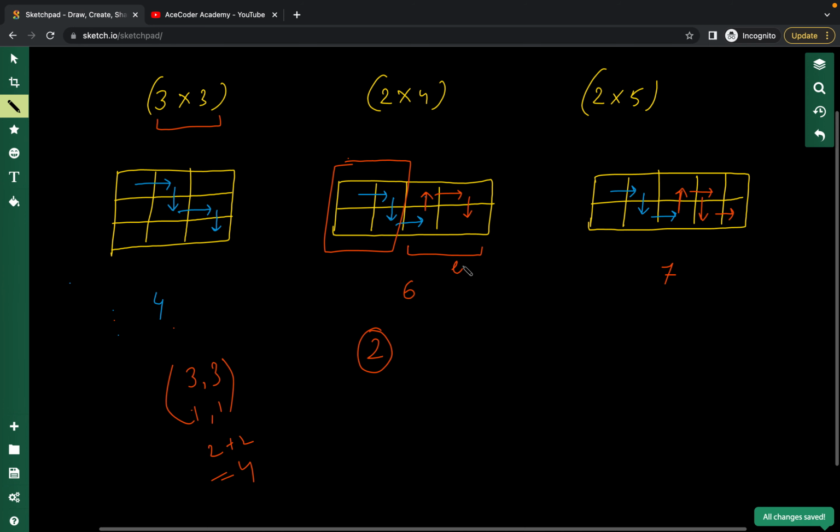Similar is the case with this one. If we consider firstly 2 cross 2, the initial moves that we require is 2. After that, we observe that the total number of rows that are left with us is odd.